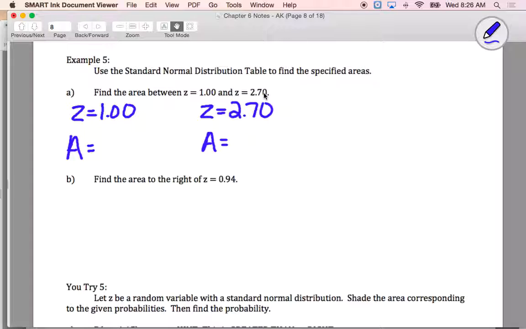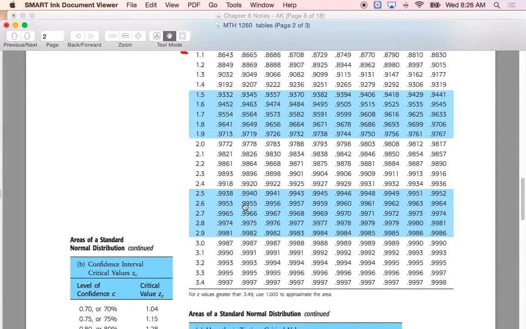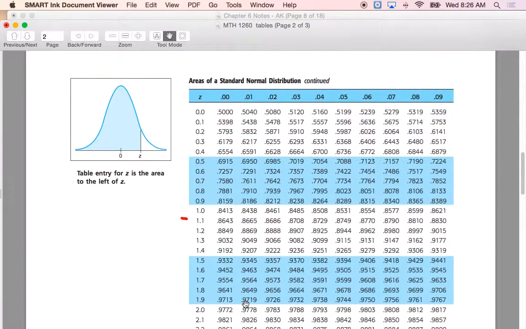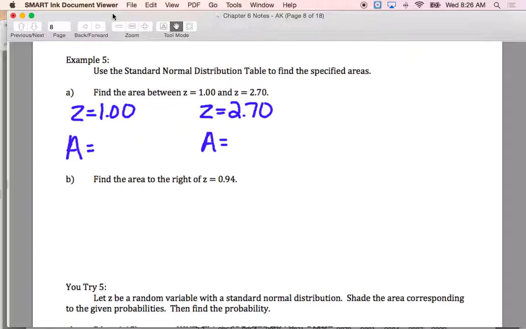So you got to use your chart. So we're looking for 1.00 in our chart. If I want 1.00, I look for the 1.0 and then the 00 column. That's going to be 0.8413. So I'm going to write that down.